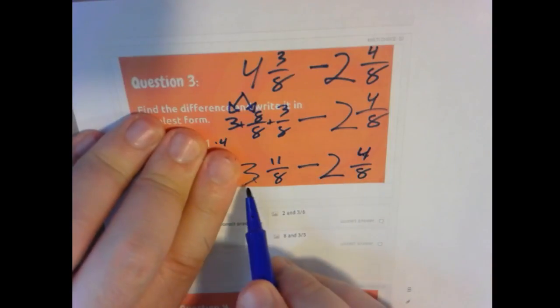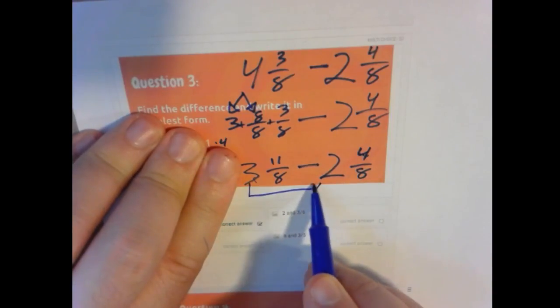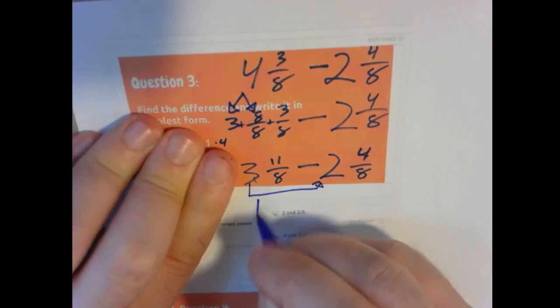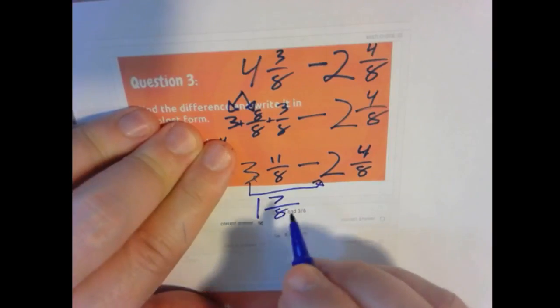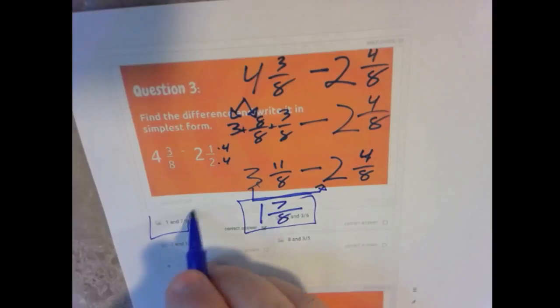And the thing that we're taking away is smaller, so we're not going to end up with a negative fraction. That's the goal. So 3 minus 2 would be 1, and 11 minus 4 would be 7. So we're looking at 1 7/8 right there.